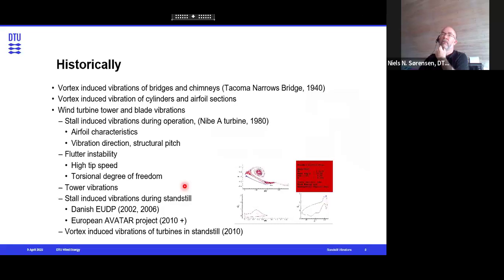Then early 2000s, we started to see the first discussions on stall-induced vibration during standstill. And we did at DTU some investigations in 2002 on aeroelastic modeling of stall-induced vibrations. It was also investigated in a European project, the AVATAR project, around 2010. And then here at DTU, we slowly started also to look at vortex-induced vibrations around the same time.